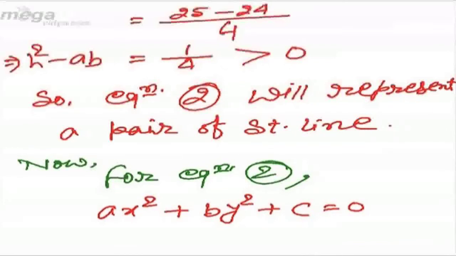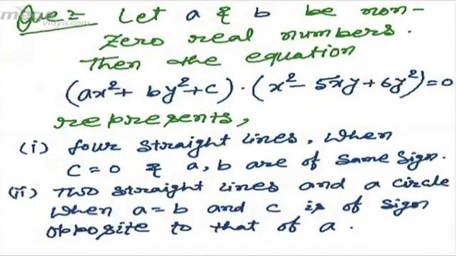Or you can find out by finding h square minus ab. H is here 0, a and b are of same sign, so it becomes 0 square minus ab, and ab is positive. 0 minus positive number will be less than 0, and hence this won't represent a pair of straight lines. Hence our first option is also not possible.